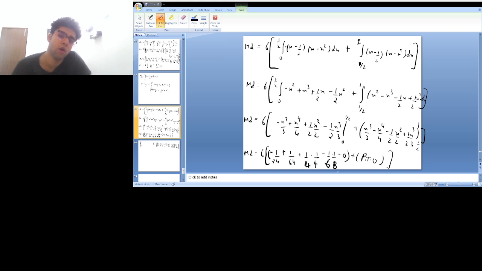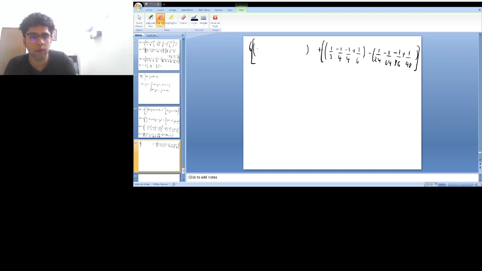So this is minus 1 upon 48 and 24, so 24 into 48, so this becomes minus 3 upon 48, plus 1 upon 64 plus 1 upon 16. 3 upon 48 is just 1 upon 16, 3 into 16 is 48, yes, so minus 1 upon 16 plus 1 upon 64 plus 1 upon 16. This gets cancelled.